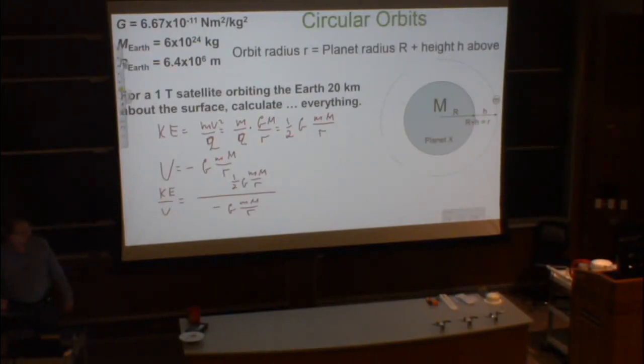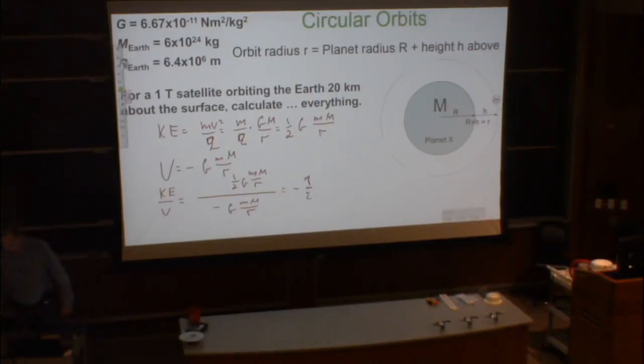So these variables could be any. But what is happening to all those variables? G and G, little m, big M, little r, they get canceled. So what's left? A minus and a half.